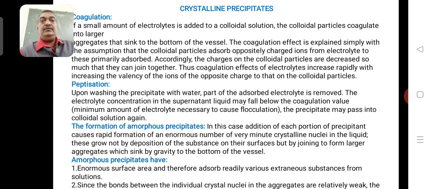During gravimetric estimation, precipitation is the most important part, and it can be achieved by adding a suitable reagent to the solution, whereby the precipitation can be done, and this precipitate can be measured or weighed by using different processes. In the next episode, I will deal with some other part of this.